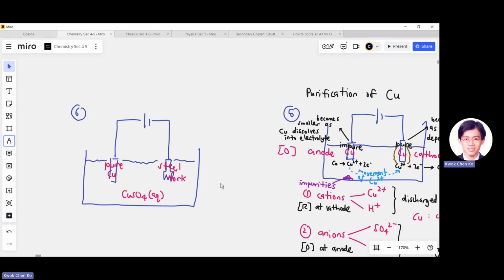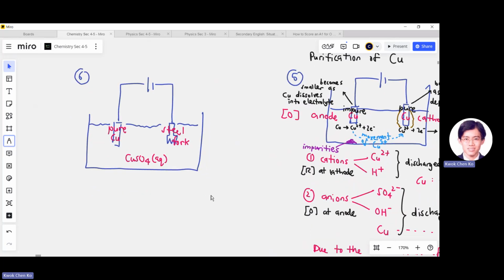I assume you know how to label which one is the anode and which one is the cathode by now, so I won't write those. Now, again, you may want to pause as well, because this is a special case. There's a special condition present.